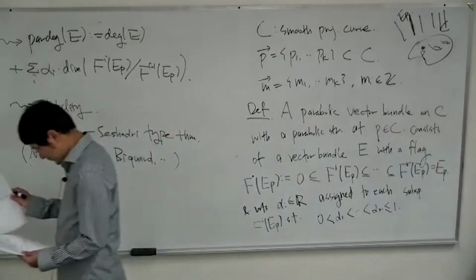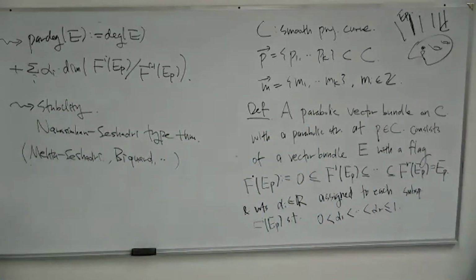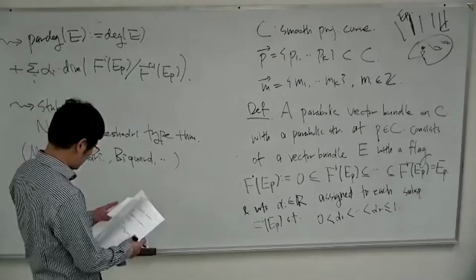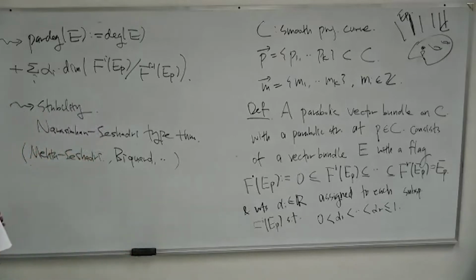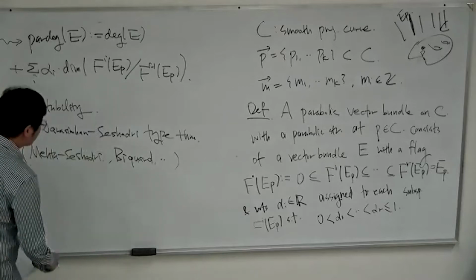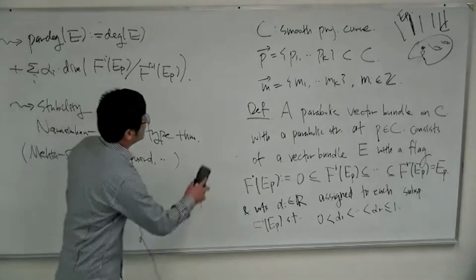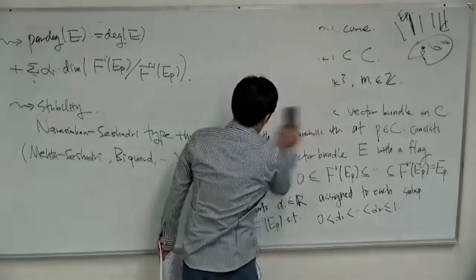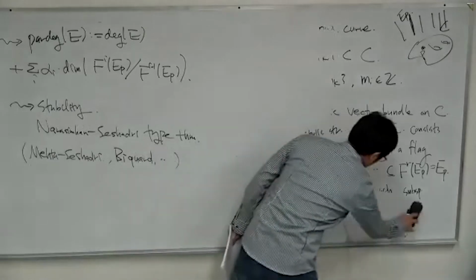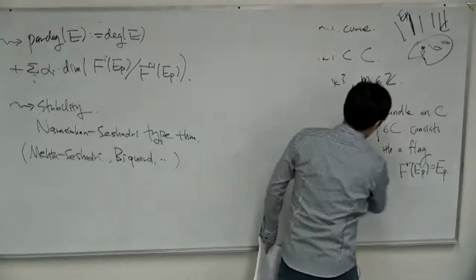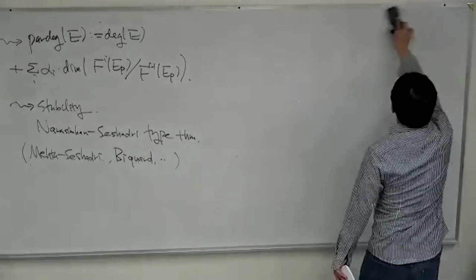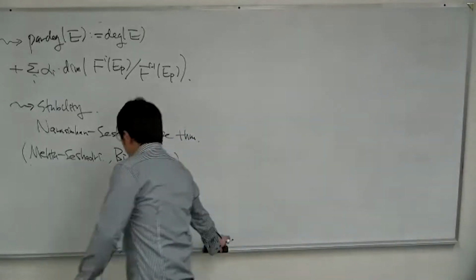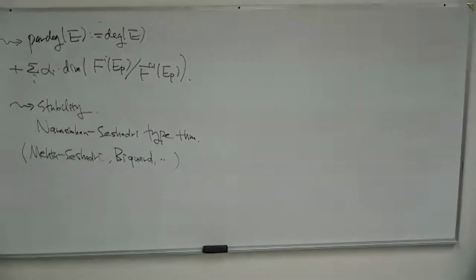Okay, so I can define this parabolic vector bundle motivated by this result, and there is another generalization. This is where the Higgs bundle comes in. There's another direction, another way to generalize this result.